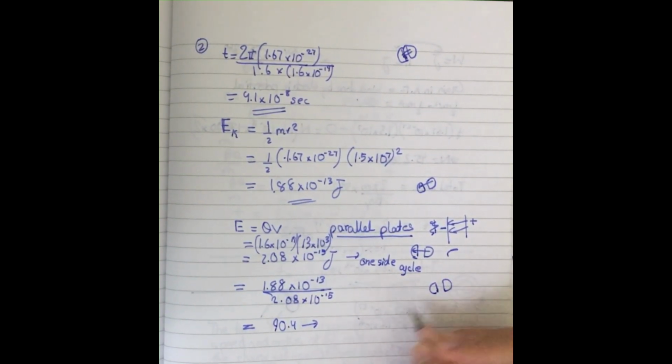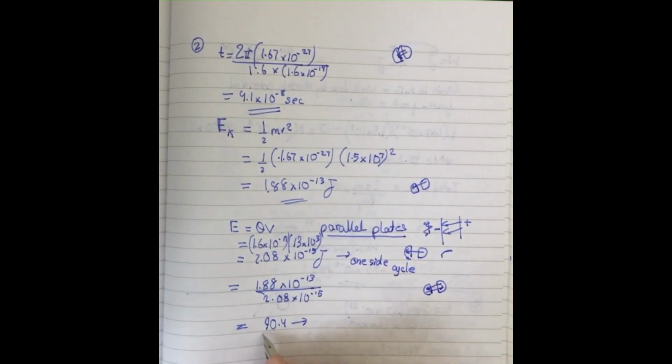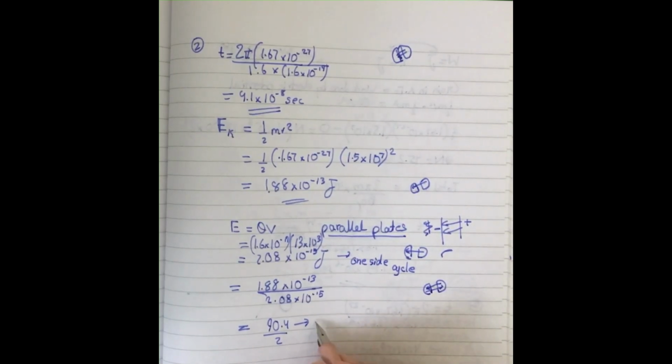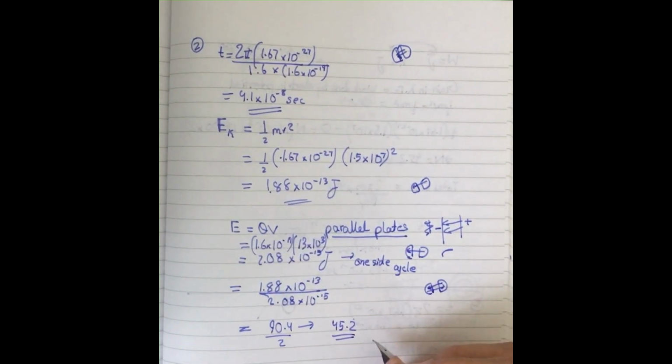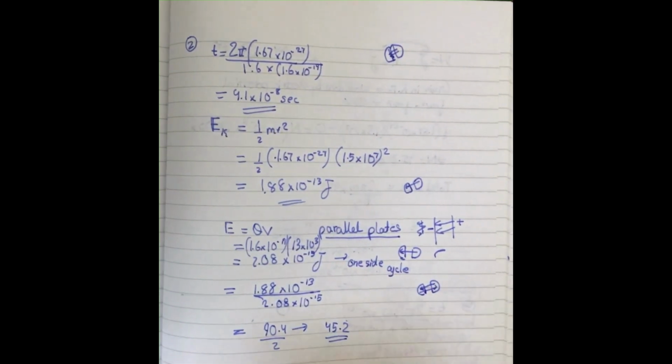To complete an orbit, we have to divide by 2. It goes one time here and one time here, so we divide by 2 and get 45.2. The 0.2 means it did not complete the whole orbit; it was somewhere here. So 45 orbits, 45 circles it completed.